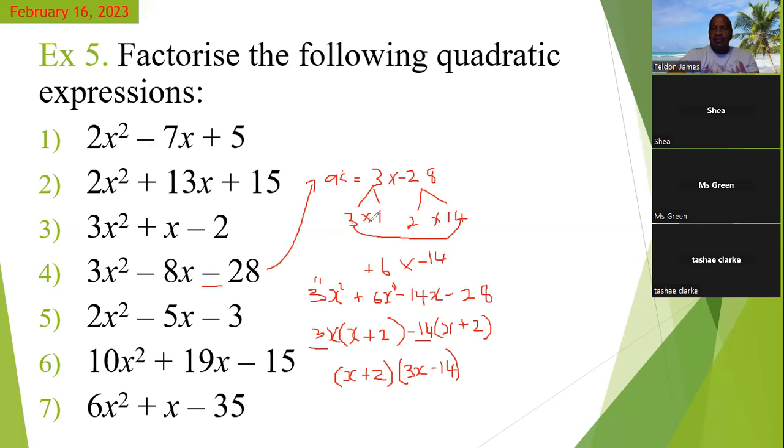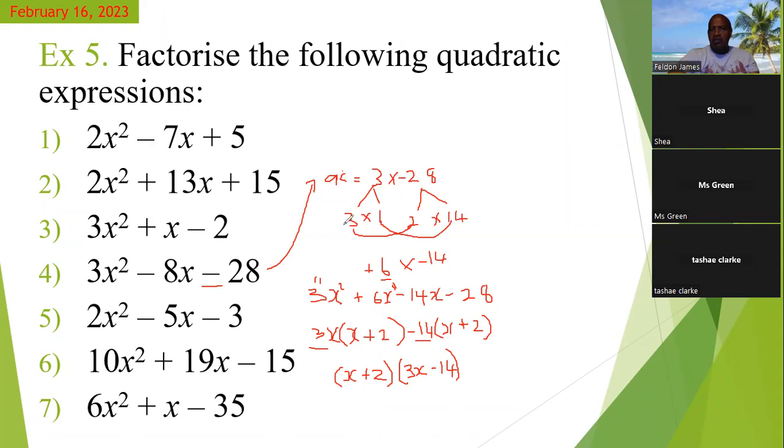So this part is pretty much a trial. You keep trying until you come up with a combination that works. So I tried first 3 times 2, which gives you 6. Then after you use the 3 times this 2, you have to use the 1 times the 14. You're not going to use the 1 times 2 now.